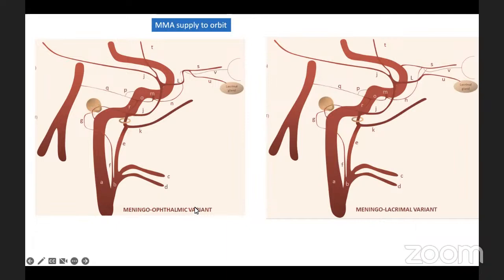The meningo-ophthalmic variant is more dangerous as it supplies both the branches through the MMA. The meningo-lacrimal variant is the one in which the ophthalmic artery supplies the major part of the globe, and only the lacrimal branch is supplied by the MMA. So if the meningo-ophthalmic variant is present and embolization is done proximally, it can lead to total blindness for the patient.